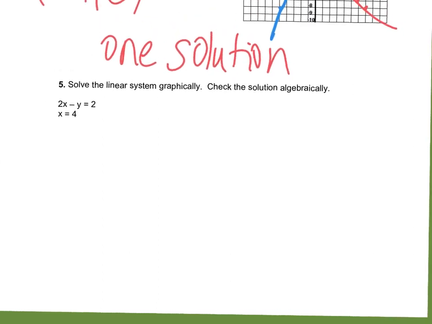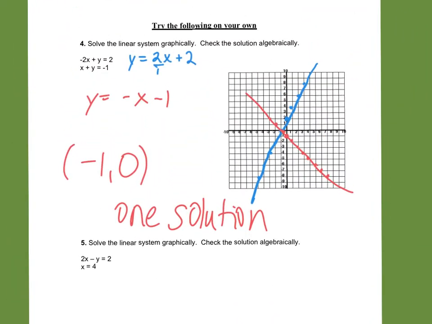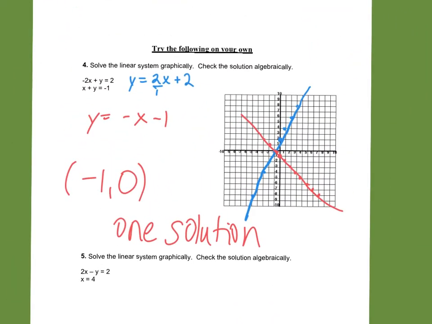Number 5. Actually, go back to number 4. We need a real quick check and make sure these work. We haven't been checking our answers. So on the first one, if I just take my calculator and type in negative 2 parenthesis, what's x? In my coordinate, what's x?